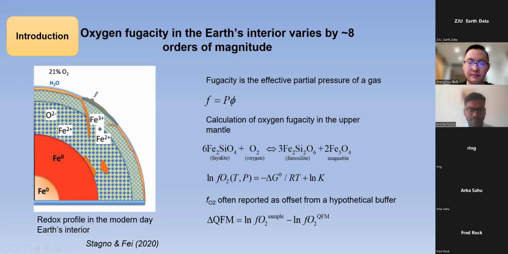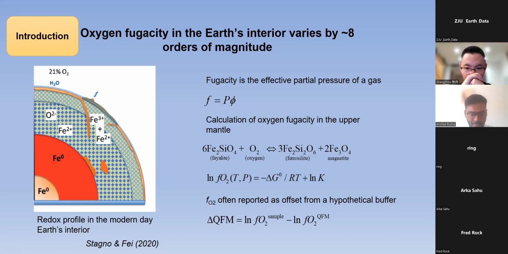So the oxygen fugacity progressively reduces as we go down, although it's not a constant reduction. There are patches of the mantle where you get anomalously high or low oxygen fugacities. Overall, there is a decrease in oxygen fugacity starting from the very shallow part of the upper mantle to the lower part of the lower mantle.